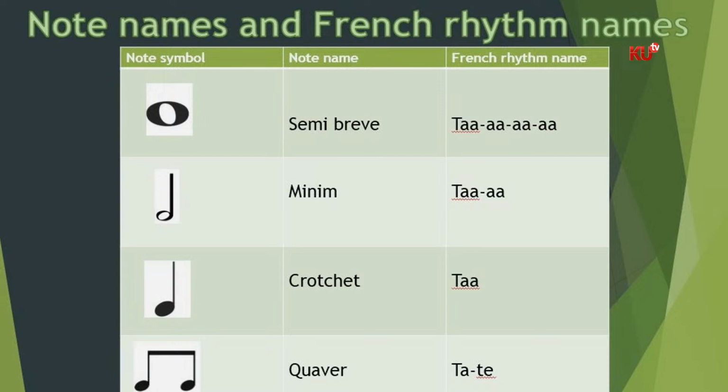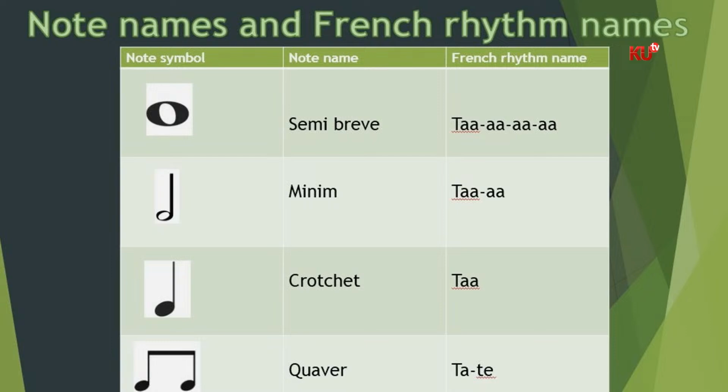For the second one, the minim, the French rhythm name is ta, a.